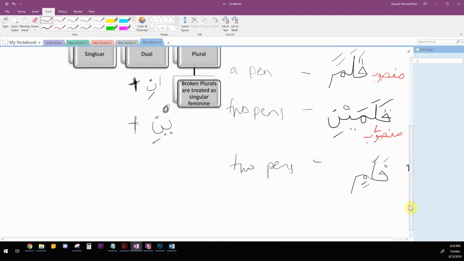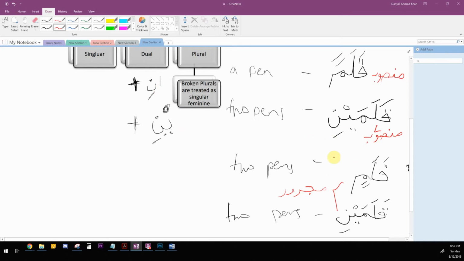So in this case, you actually still have the same conjugation, the same pattern, as you do in the mansub state: qalamayni, two pens. And these are both majroor. So the mansub state, one representing the fatha and the one representing the kasra, are both going to be ayni sounds, and the marfu' state is going to be an ani sound.